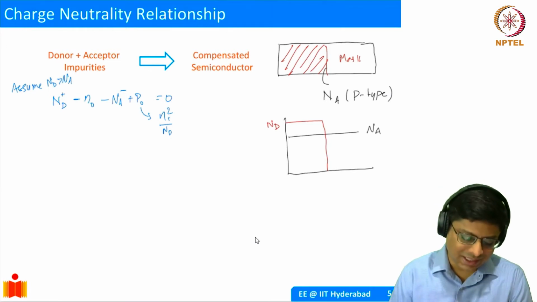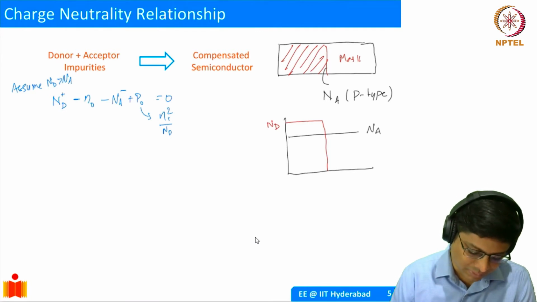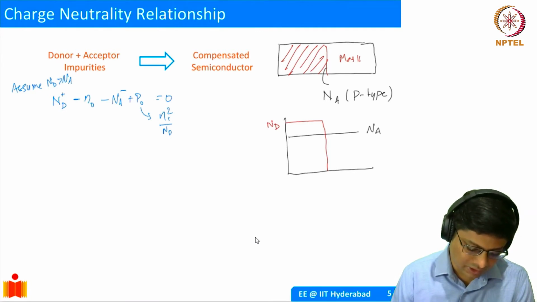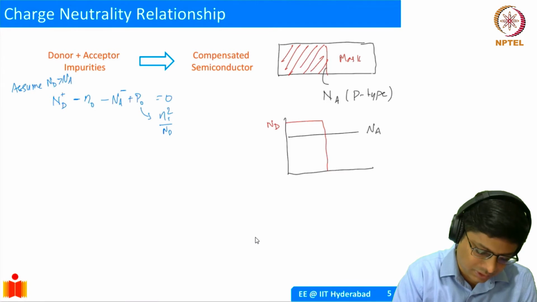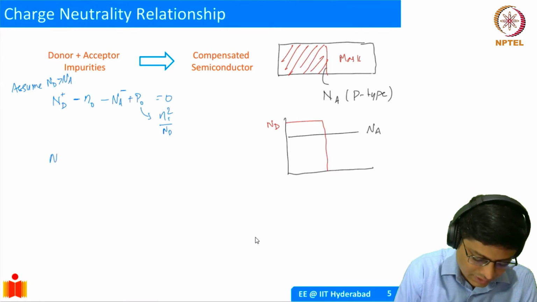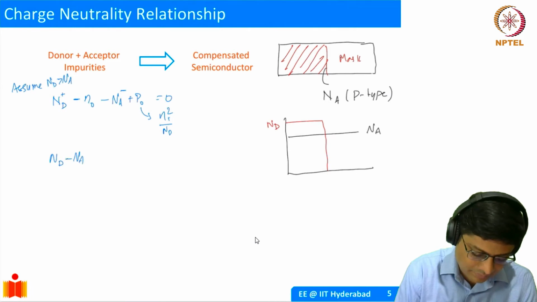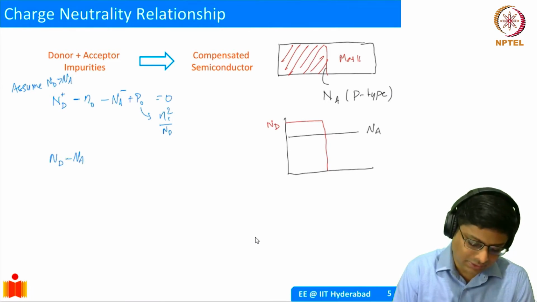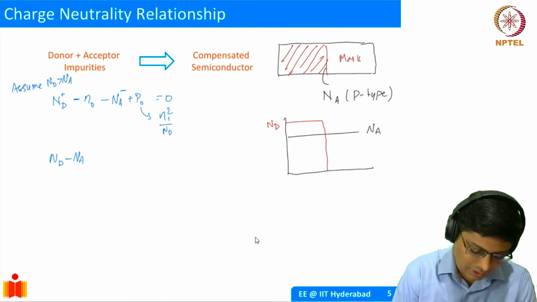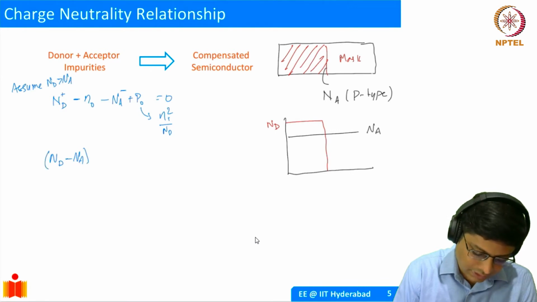Then I can play around with these numbers. I'll drop the positive and negative and simply write it as Nd minus Na. And then I'll take the Ni square to the other side.